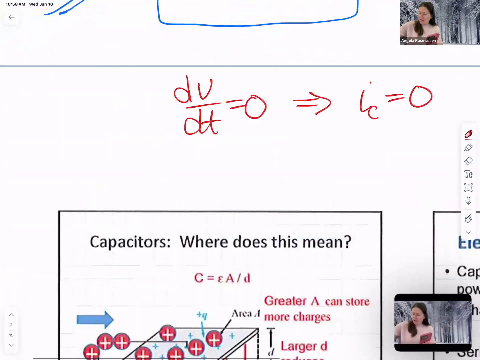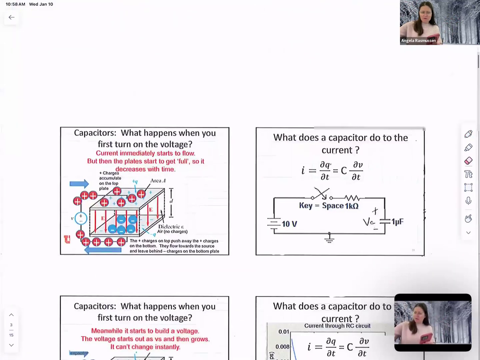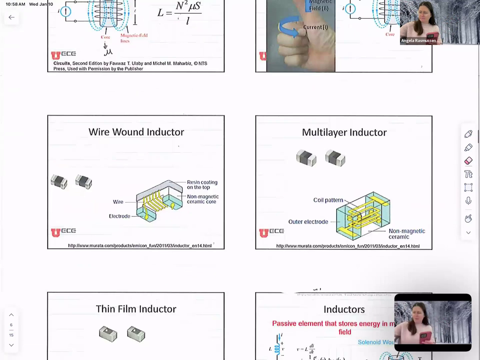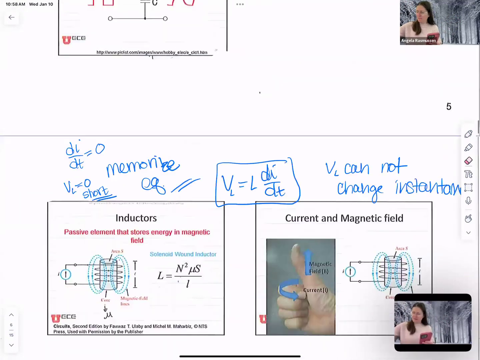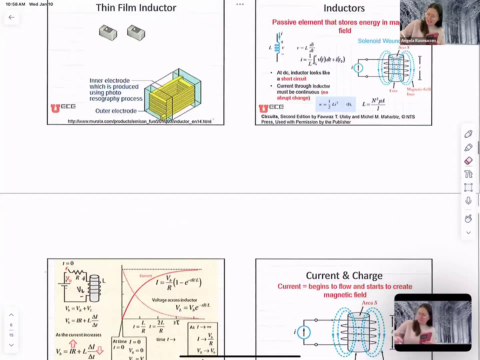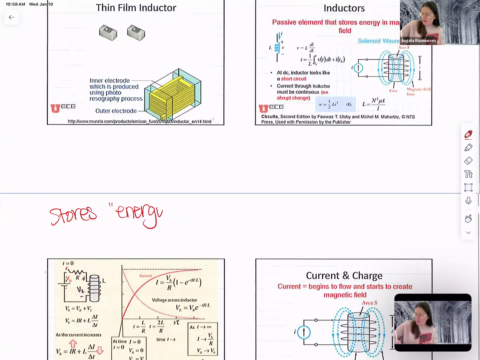Inductor, on the other hand. An inductor stores what? It stores energy in its magnetic field. Correct. Energy.